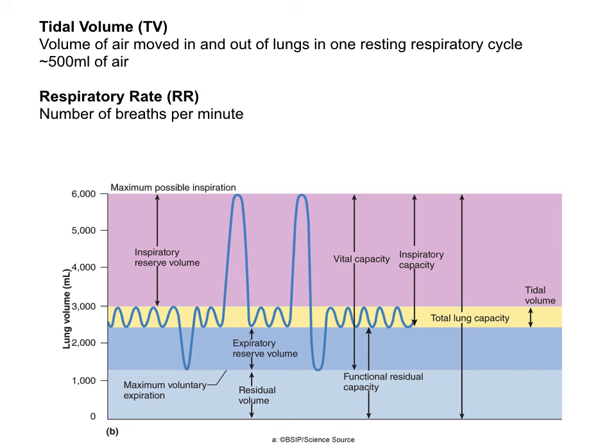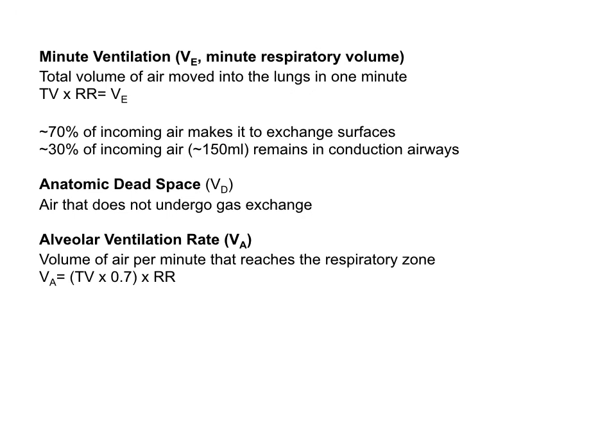Another thing that you can determine from your spirogram, since you can actually see separate inhales and exhales, is your respiratory rate. Remember, one respiratory cycle is an inhalation, an upward deflection, followed by an exhalation, a downward deflection. So you can actually count how many breaths you've taken per minute. Using this information, you can calculate what is called your minute ventilation.